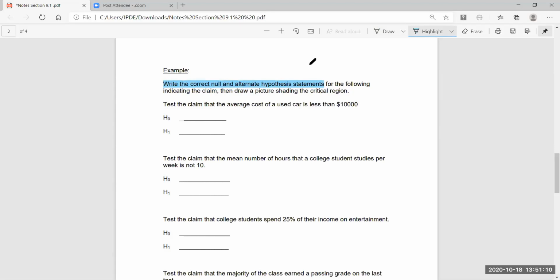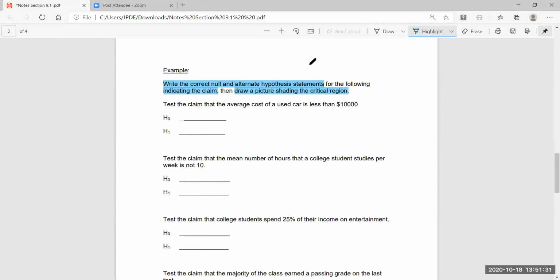So we're writing the H0 and the H1. We're going to indicate the claim. So we're going to say which one's the claim. And then we're going to draw a picture shading the critical region. And that's all we're doing right now.